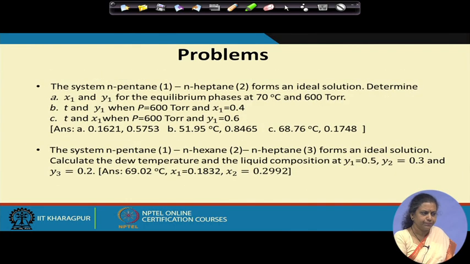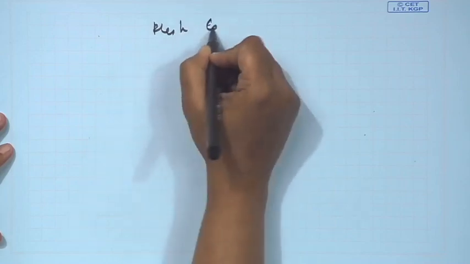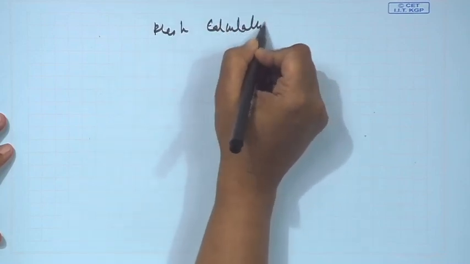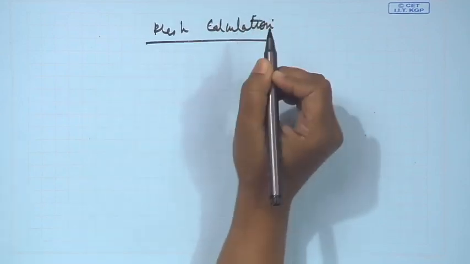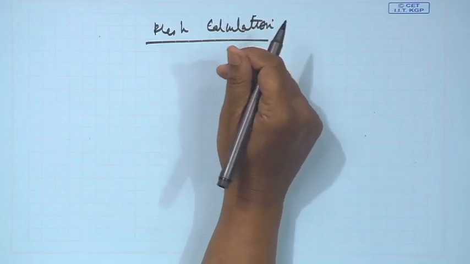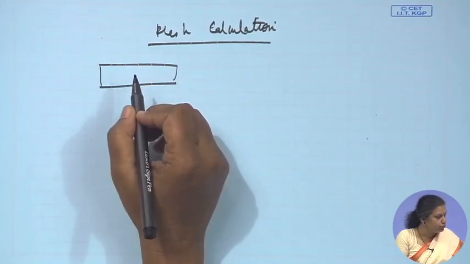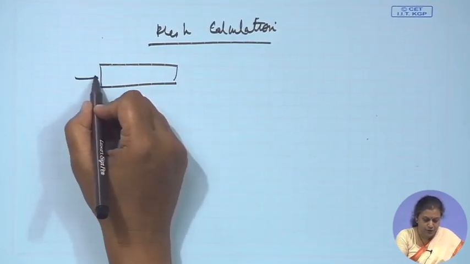Now, there is one particular type of problem which we have not dealt with till now, which I would like to deal with. These problems are known as flash calculation problems. What are these? Very frequently we encounter a situation where we introduce a feed.